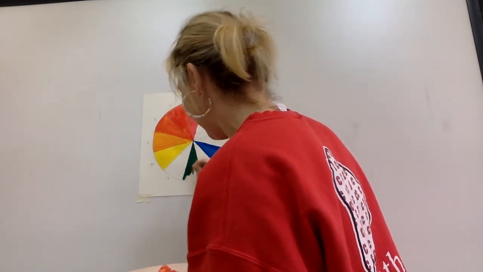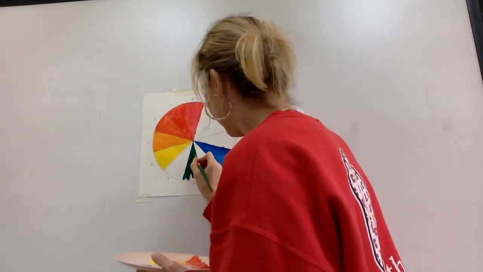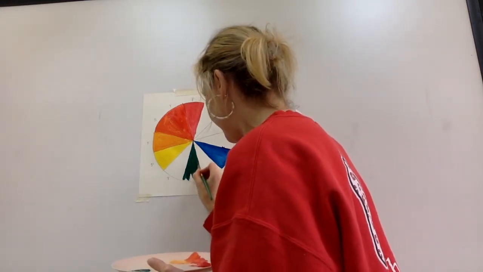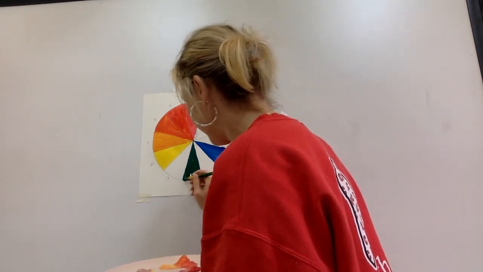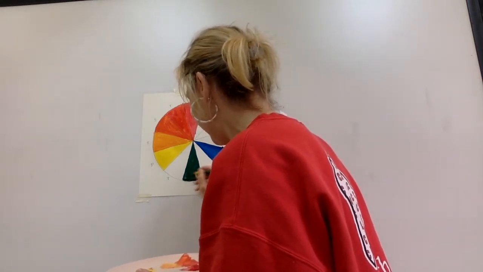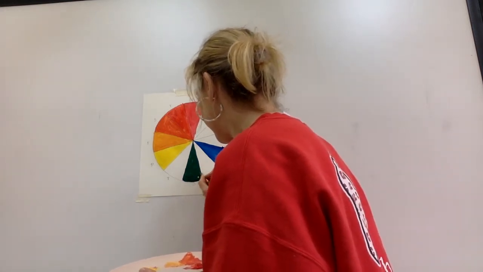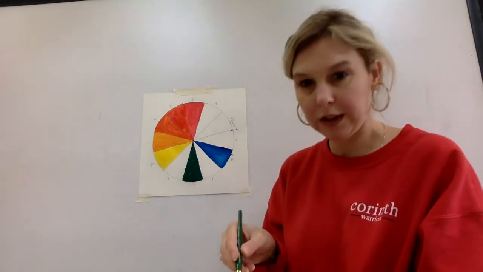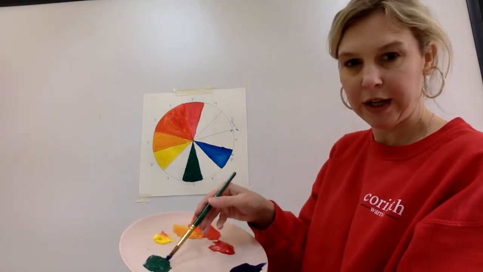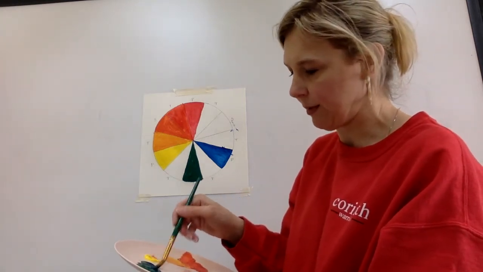I'm doing it this way instead of a zoom because I feel like it's more beneficial for those who need this to watch it. And those that have this down, y'all are good to go. Okay. Then I'm going to put a little extra blue in my green and make my blue green. Blue green is one of my favorite colors.